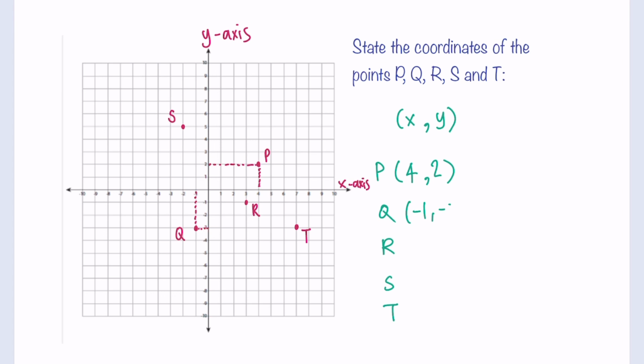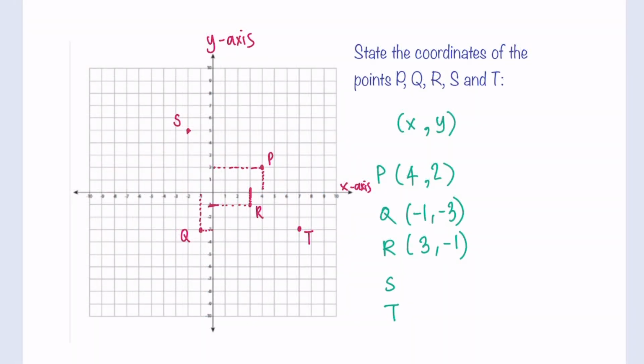So the y coordinate is -3. For point R, right here, once again, extend until it touches the axis. And where it passes through the x is a 3. So the x coordinate for R is 3. And where it passes through the y is a -1. And so the y coordinate for R is -1.